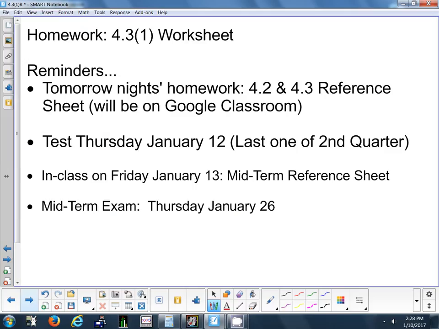Bring your Chromebook tomorrow because what are you going to have to do at the end of class? You're going to have to print it. Our test this week, what day is the test? Look at the board. Thursday. What are we doing in class on Friday? We're going to review for midterm. When's our midterm? Thursday, January 26th.